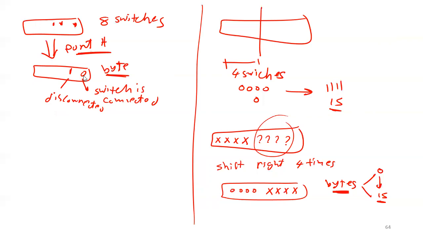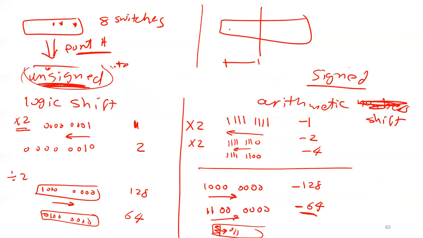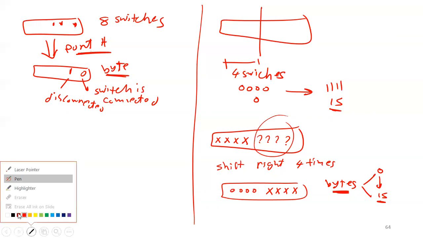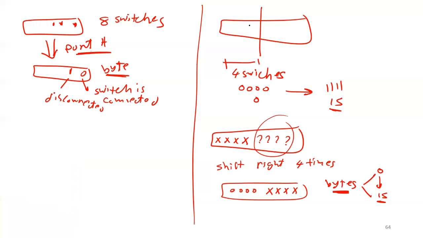Okay, and then one of the labs in chapter 3, I'm going to tell you, you need to get a number from the user. And to get a number from the user, use these 4 switches.